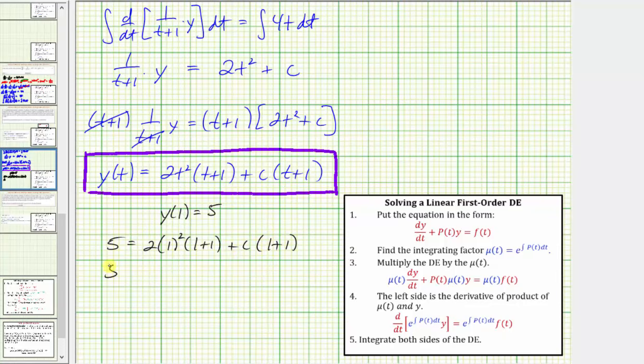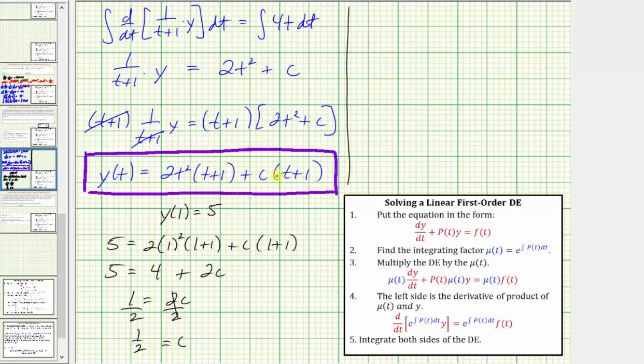So simplifying, we have 5 equals, here we'll have 2 times 1 times 2, that's 4, plus 2c. So subtracting 4 on both sides, we have 1 equals 2c. Dividing both sides by 2, we have c equals 1/2.